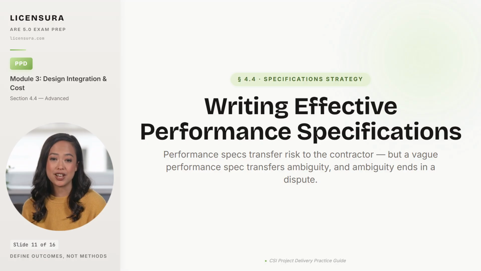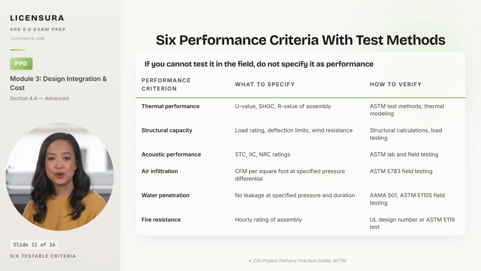6 measurable criteria show up in every legitimate performance spec. Each one has a published test method that gives the result a number you can verify in the field. Thermal performance is specified by U value, solar heat gain coefficient, and R value of the assembly, and the verification is ASTM test methods plus thermal modeling for whole assembly performance.